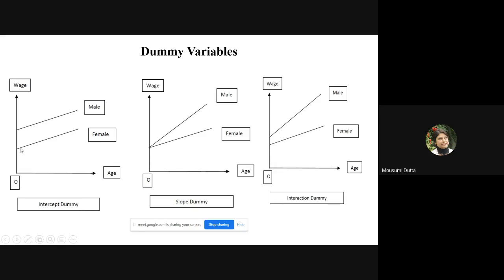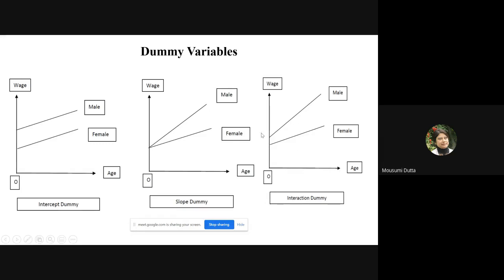In the first case, if for the categories the lines are parallel, that is, they are starting from different points only, we call it intercept dummy. If the starting point is the same, however, the rate of change is different, in that case, we call it slope dummy.